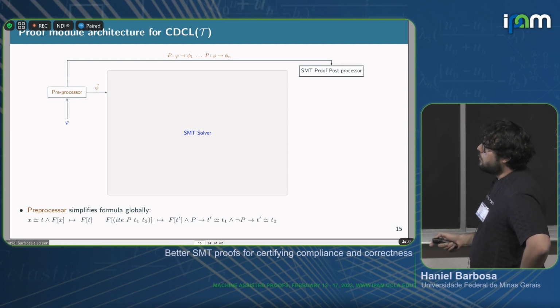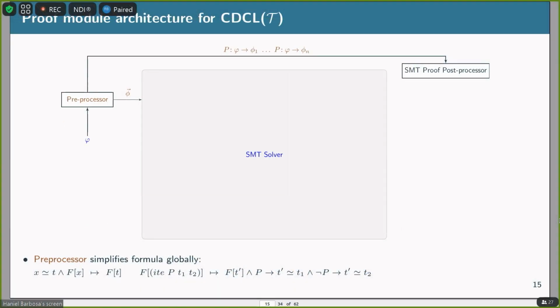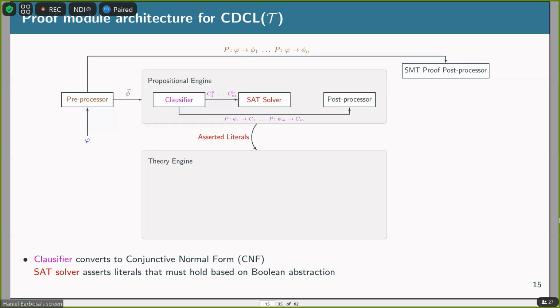Okay, so for the preprocessor, we need a way to guarantee that I have an explanation for the derivation of each one of these new formulas from the original formula. That is the first thing. So we have what we call the post-processor, which ties up the proof afterwards, because we have all these modules producing different parts, and then we combine everything in the end. If we open the box, we have the combination of two things.